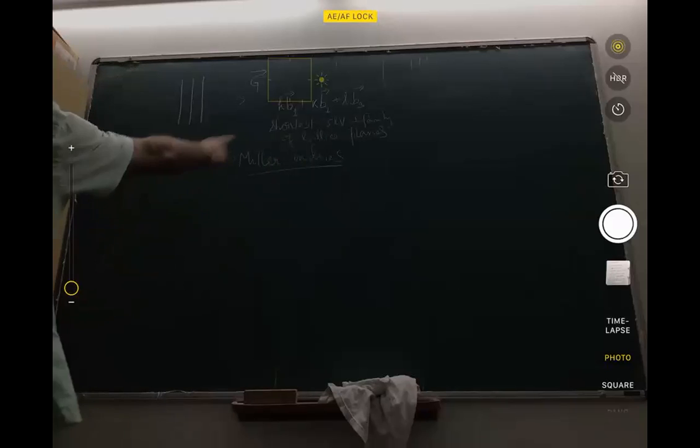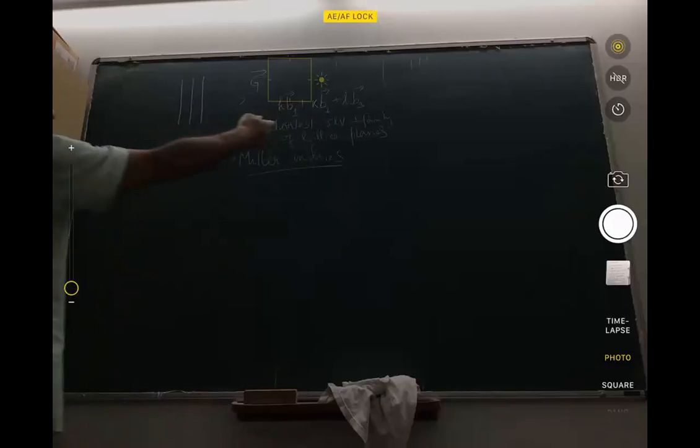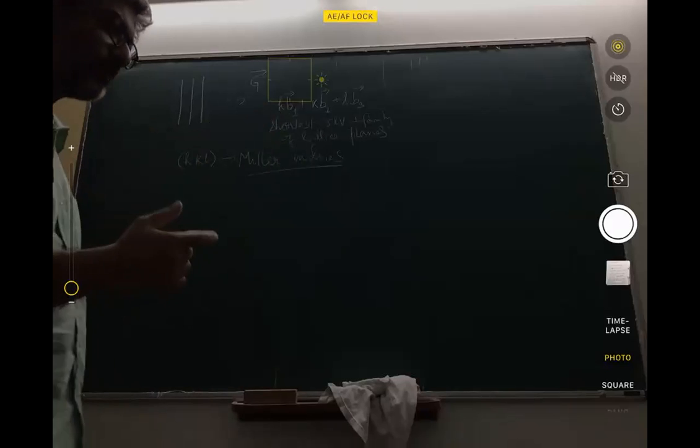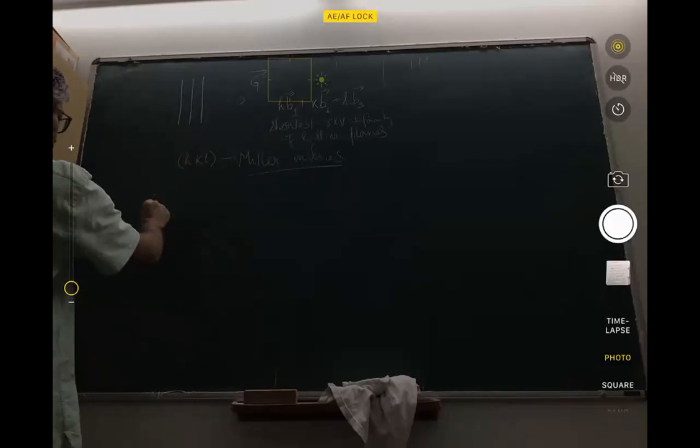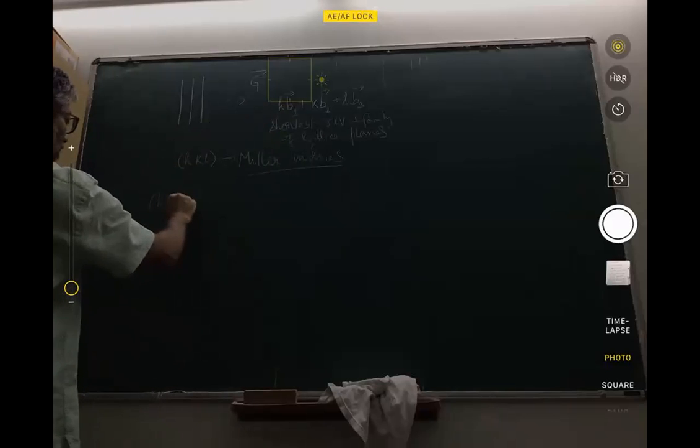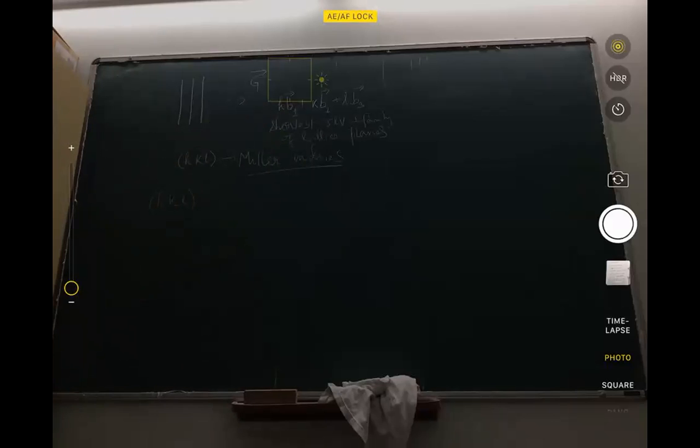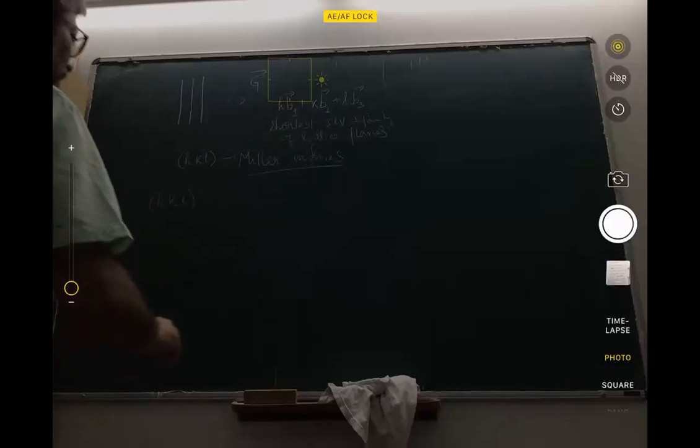So Miller indices come from the shortest reciprocal lattice vector. I mean, formally that is what it is. What is the shortest reciprocal lattice vector perpendicular to a family of lattice planes? Now, each one of these planes is an hkl plane. Typically, a family of lattice planes.